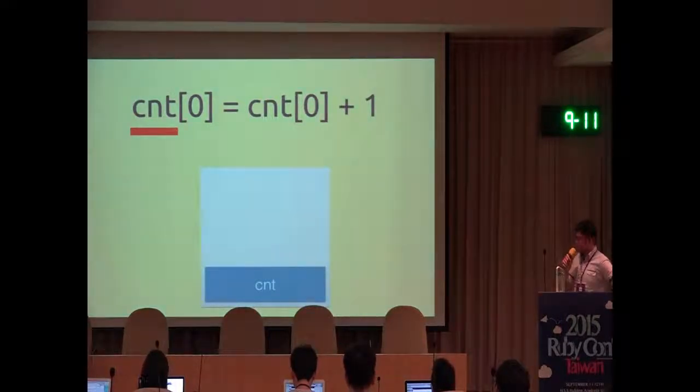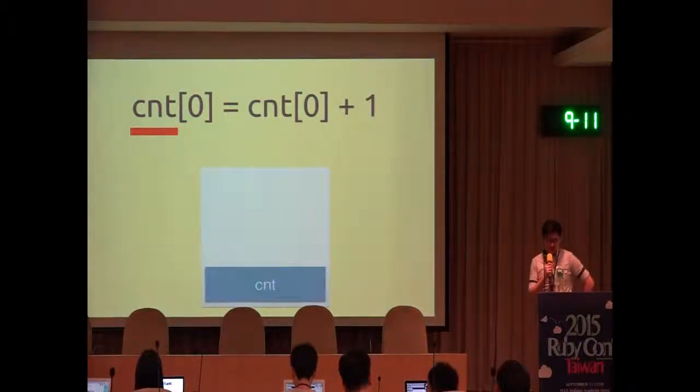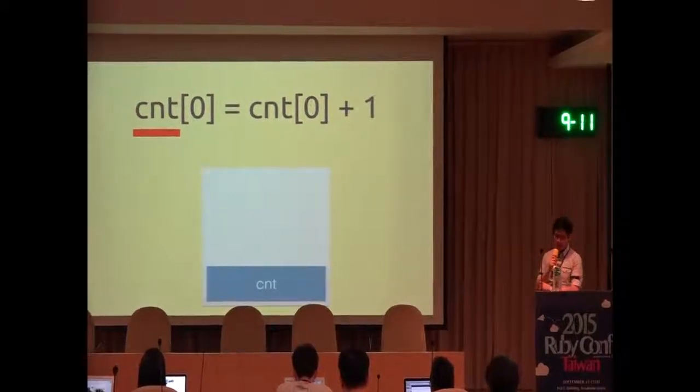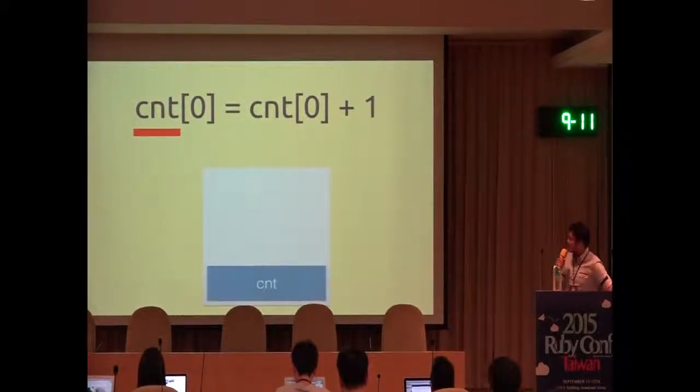Okay, let's move on. So with that in mind, we can now dissect this statement into transactions step by step. First of all, we fetch the object from the array count using the given index 0.